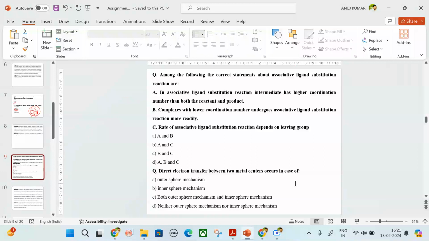So first it is B. In rate of associative ligand substitution reactions, why will it be depending upon the leaving group? Is it right?